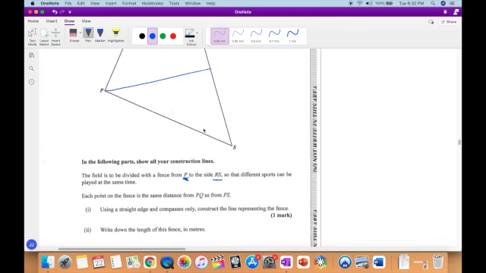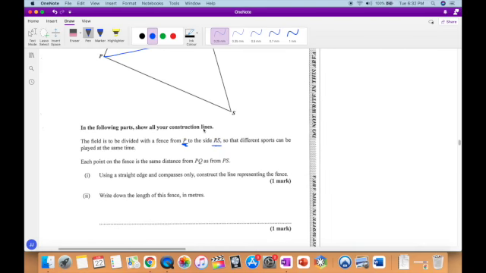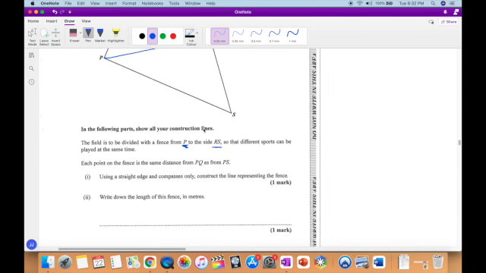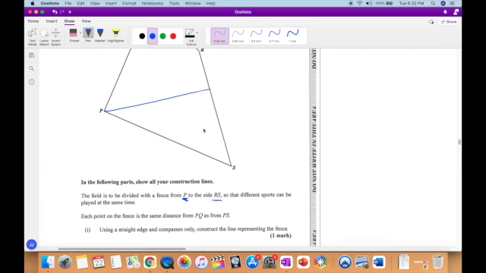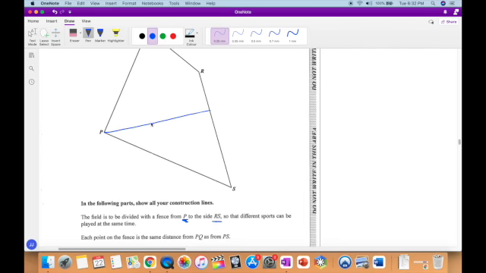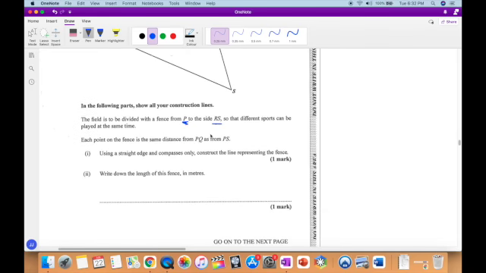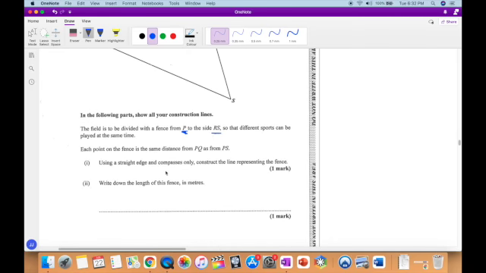So a fence from P to the side RS. Now, they never said, and this is one thing I have a problem with in this question, if this line should be perpendicular to RS. I don't think they ever said that. Use a straight edge and a compass only and construct the line representing the fence.